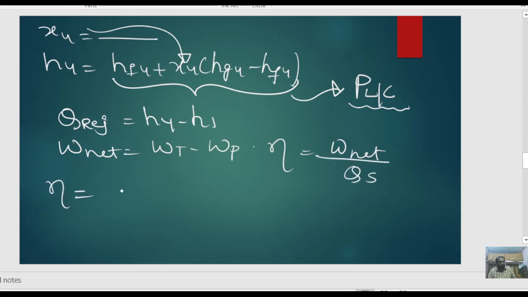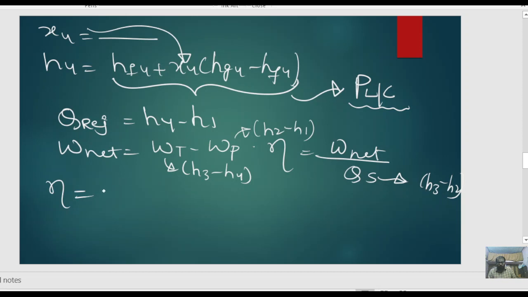What is the formula for net work? Turbine work minus pump work. What is the formula for turbine work? H3 minus H4. Pump work is H2 minus H1. What is the formula for heat supplied? H3 minus H2. This is done in the boiler.